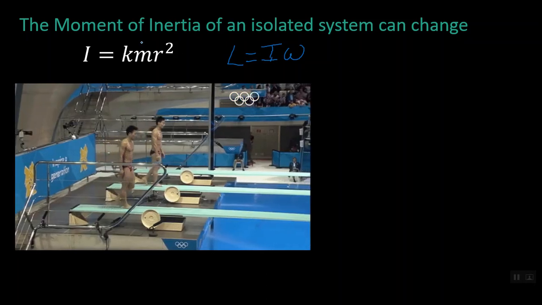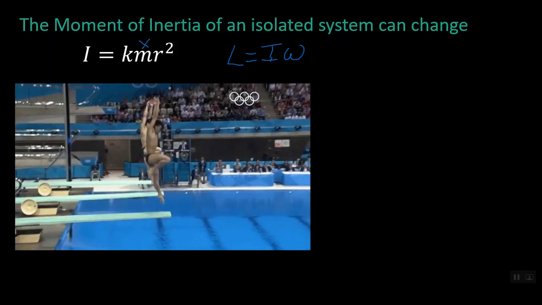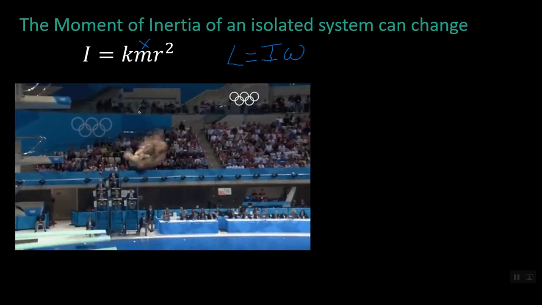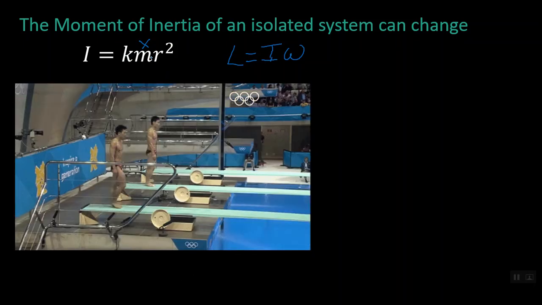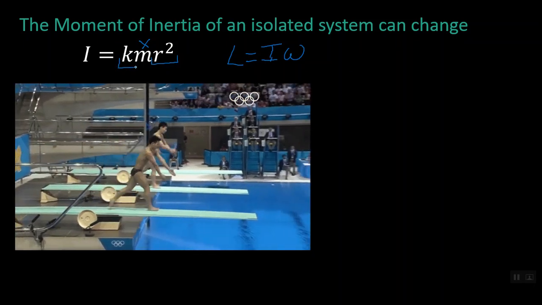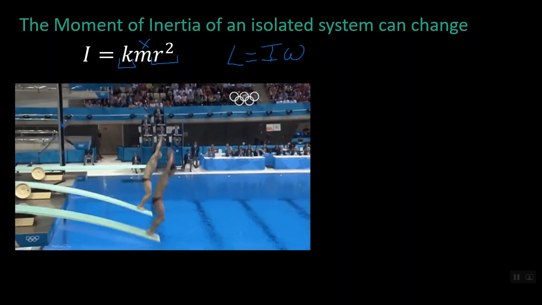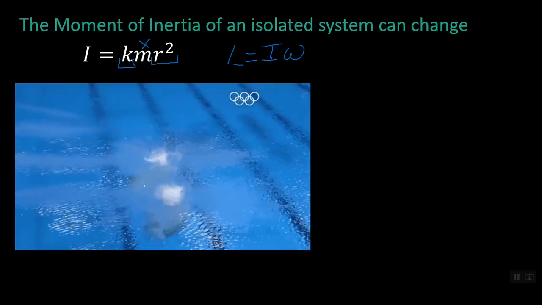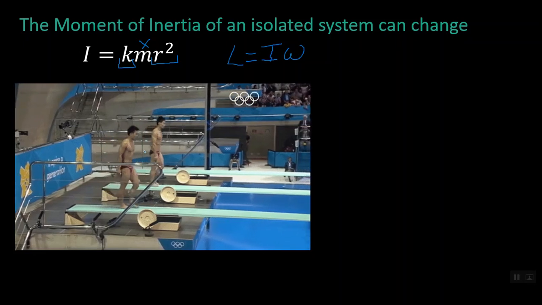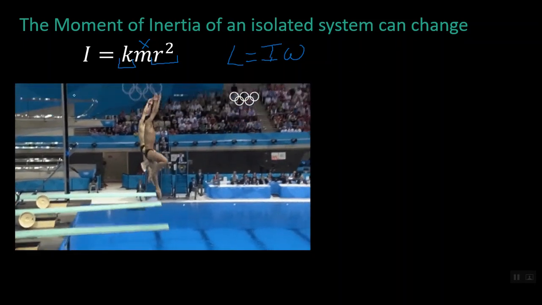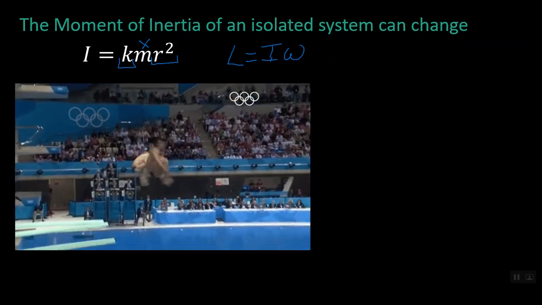Now, we're not going to change the mass. The total number of particles in these divers are going to stay the same. But what we can change is the shape and the mass distribution. What we can do is we can pull mass in tighter or change the way it's distributed within a system, and that will overall change the moment of inertia of a system.